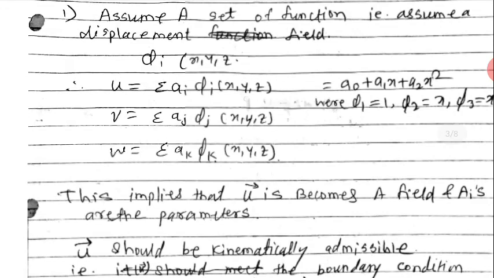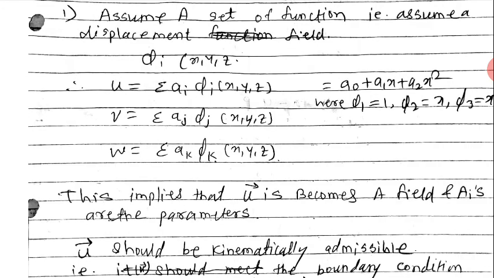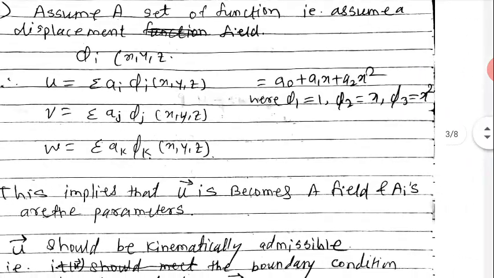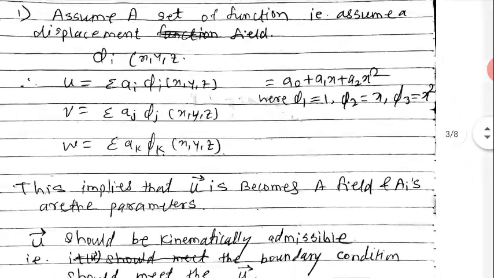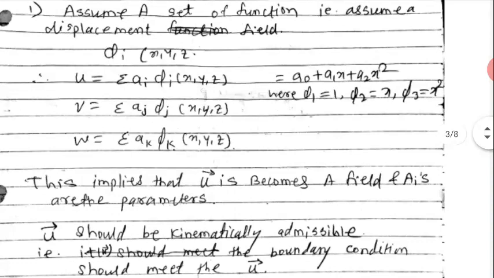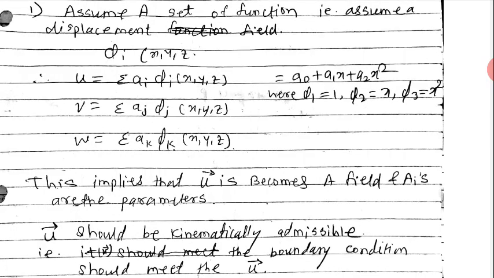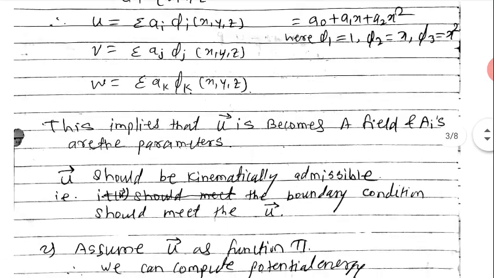So u is equal to summation of ai into phi i of x, y, z, v is equal to summation of aj phi j, and w is equal to summation of ak phi k. Here the values of phi 1, phi 2 and phi 3 are 1, x and x square respectively.